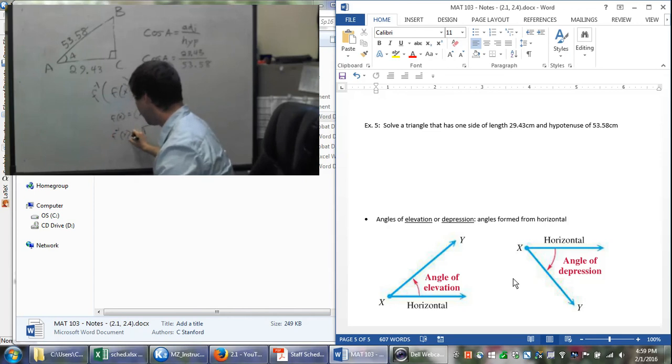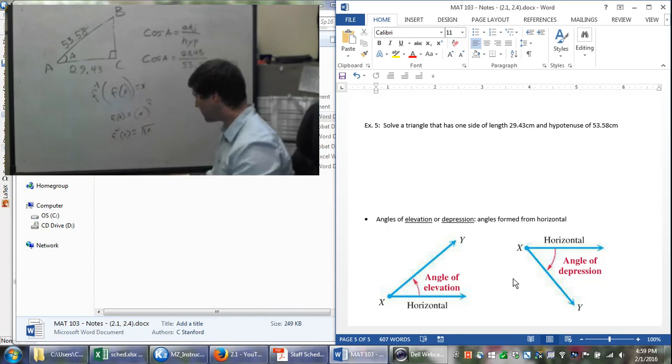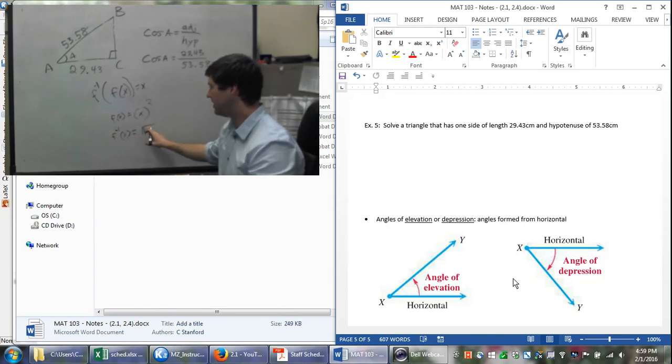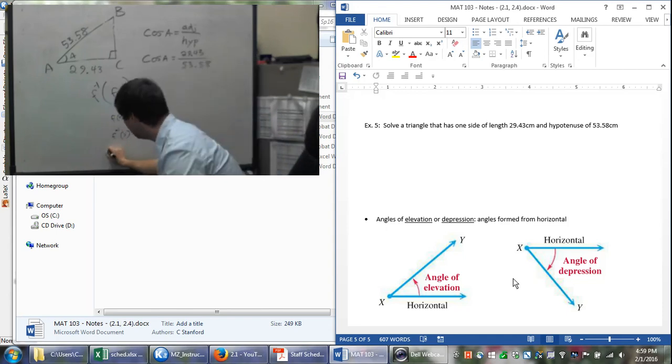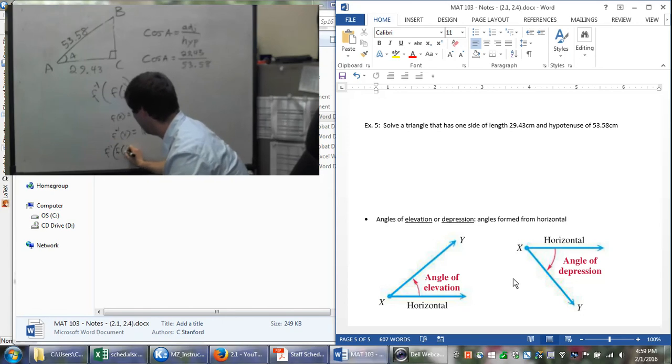Well, this is adjacent to A, and that's my hypotenuse. What relates the adjacent side to the hypotenuse? That's your cosine, right? So I would say the cosine of A is equal to my adjacent side.